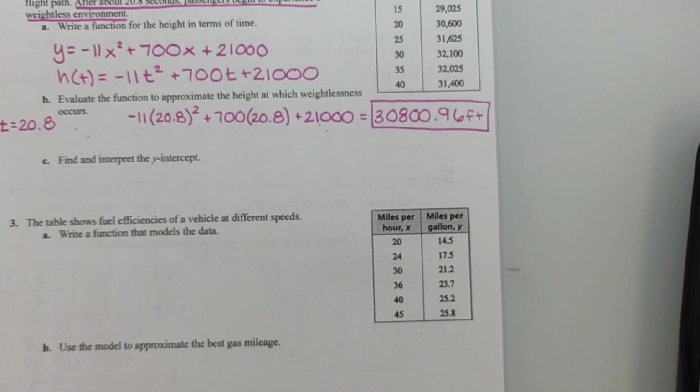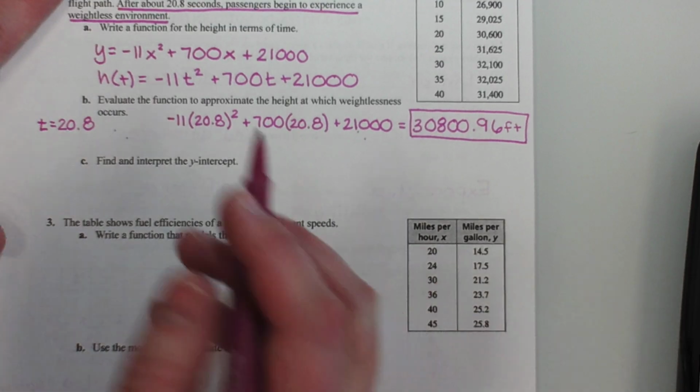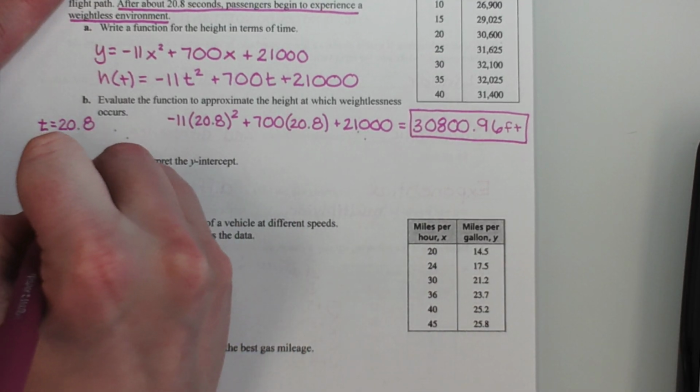Last thing that's on this question says find and interpret the y-intercept. What's true about every y-intercept? The x value is 0. Or in this case, it wasn't x and y. If I did the technical one, it's t is 0.